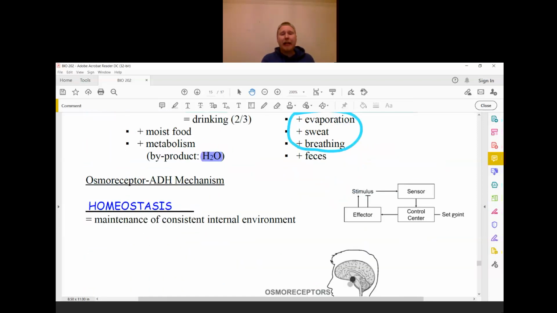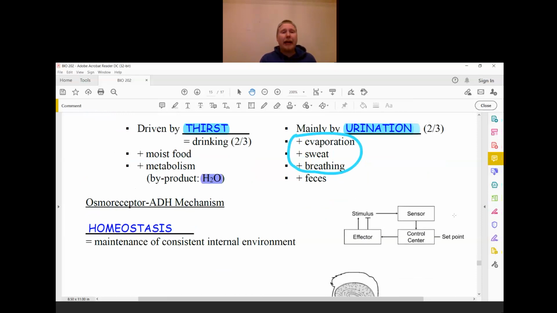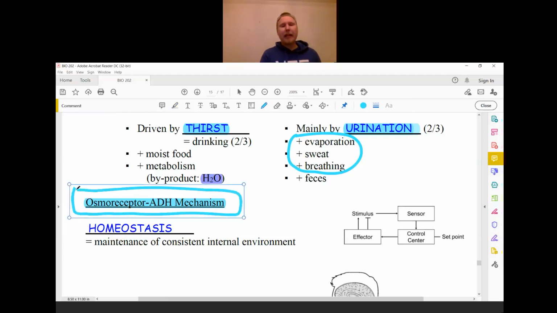Next thing that I've done here has been that I wanted to discuss with you guys the concept of the osmoreceptor ADH mechanism. And this is an important mechanism as we talk about the water balance in the body. Many textbooks give quite complex diagrams and descriptions of this.